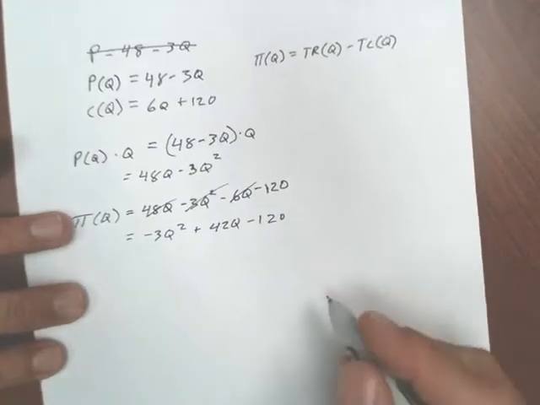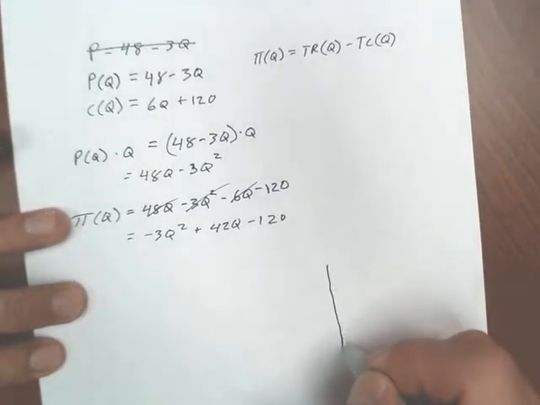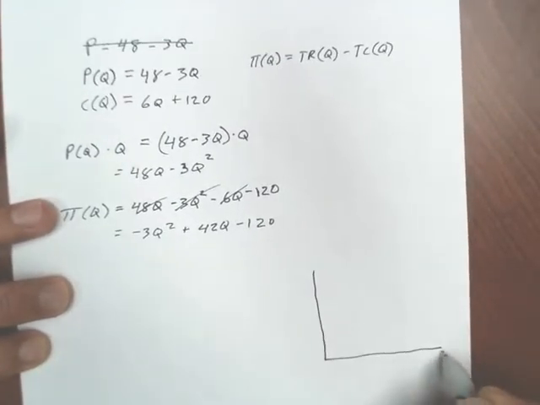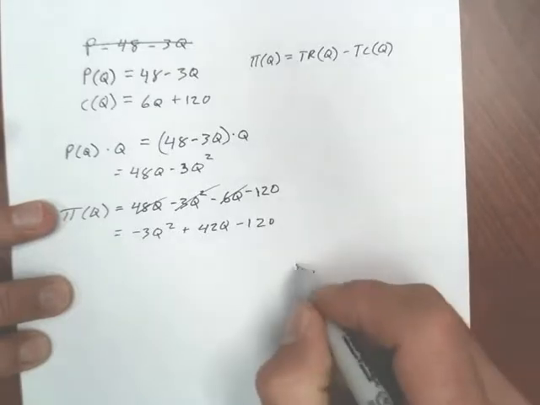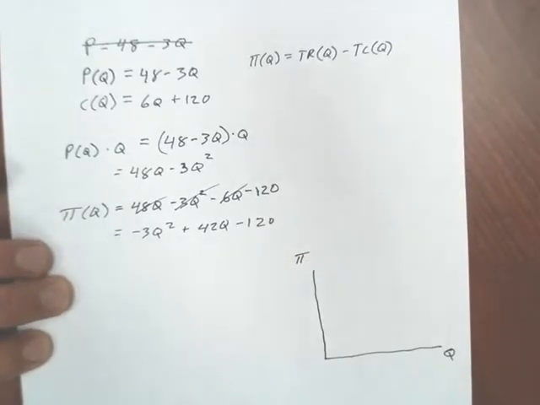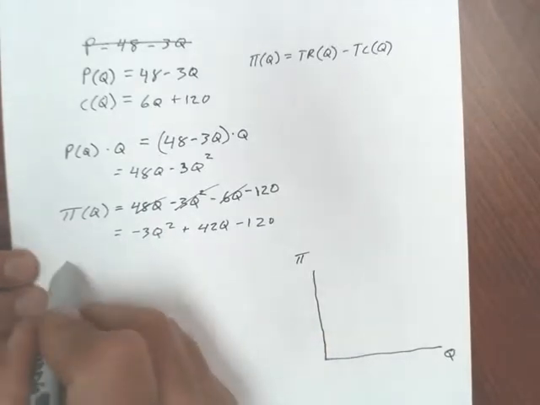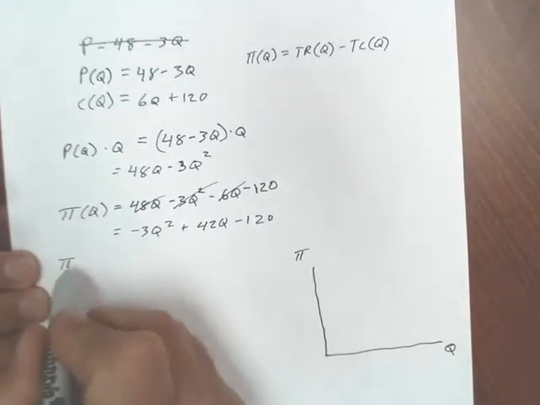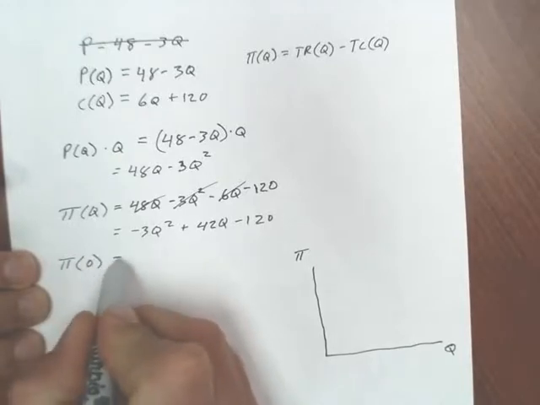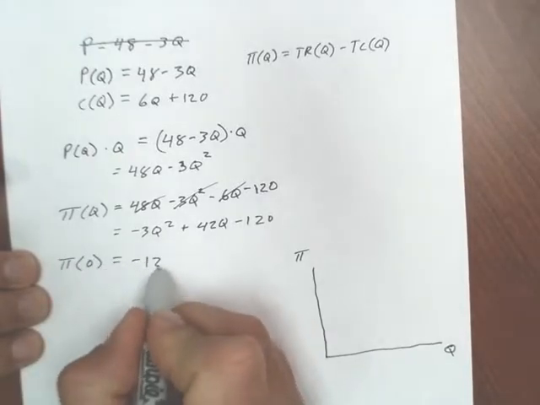Okay, so now let's graph profit. We have Q on the horizontal axis and profit on the vertical axis. Just like we always did with x's and y's, we first solve for pi of 0. Pi of 0 equals negative 120.